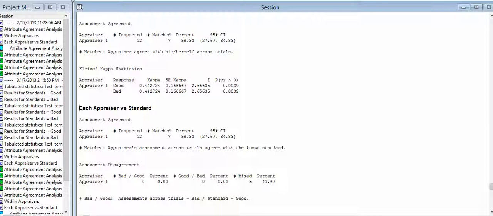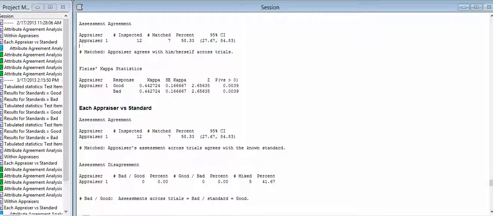We're switching over to Minitab for a minute here. Minitab will perform the similar analysis, and this you can see, this is agreement assessment, if you will. We had 12 inspected parts. We matched 7 out of 12, so we missed 5, and this means that we're 58.3 acceptance.